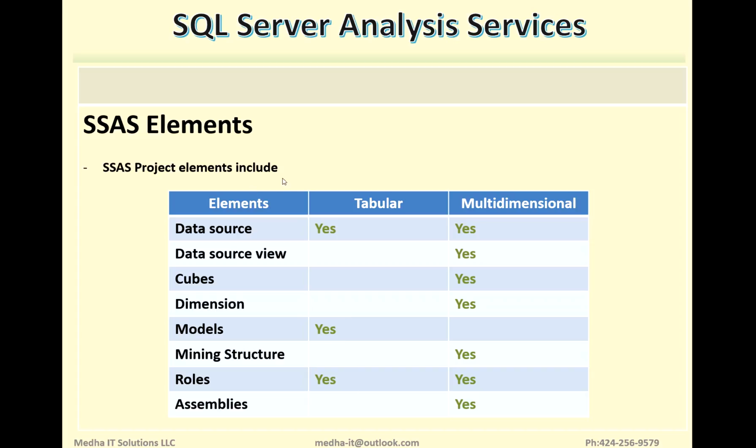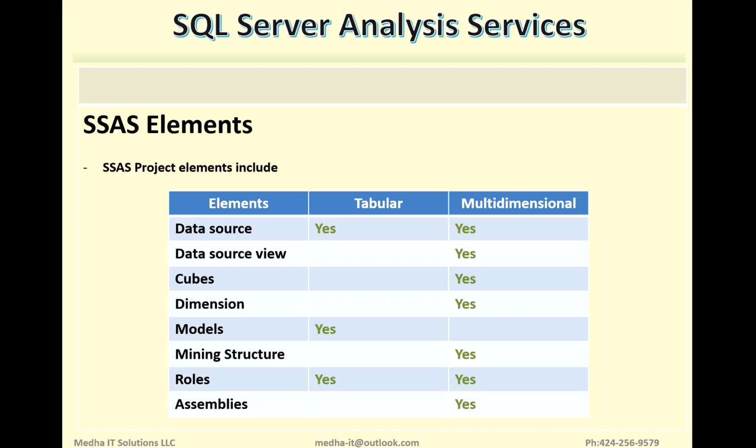But when we are browsing the cube or the tabular model, the user experience will be the same as with the multidimensional model. That means, when I am browsing a model in the tabular model instance, I see a similar UI as the multidimensional cube. I see measures, dimensions, members, and hierarchies.